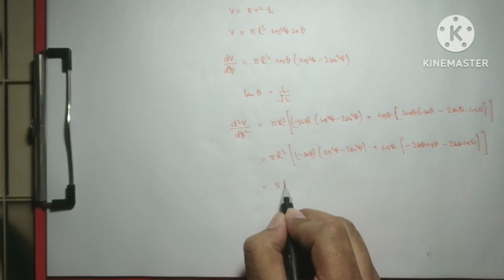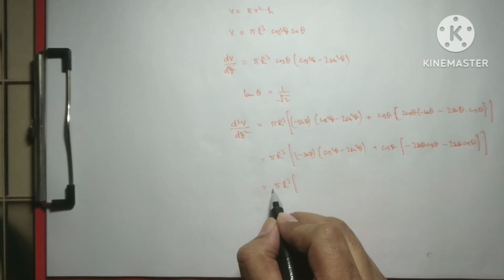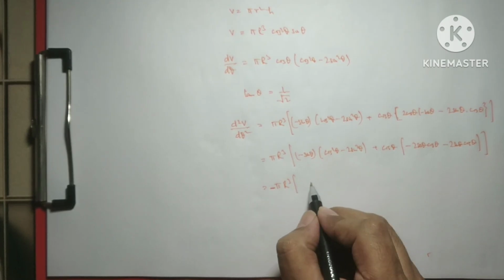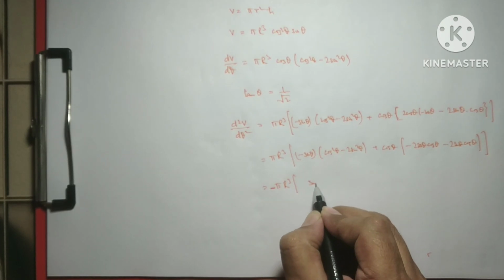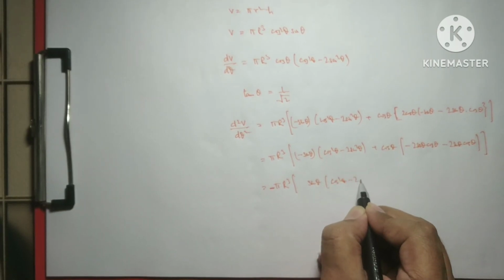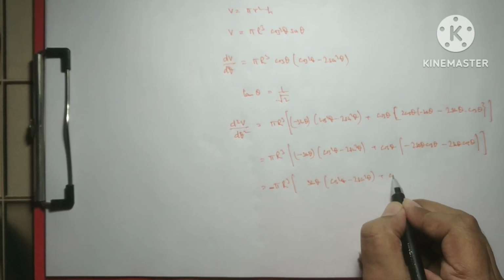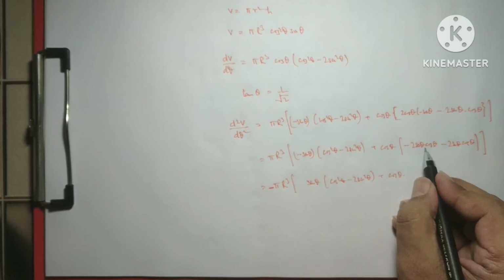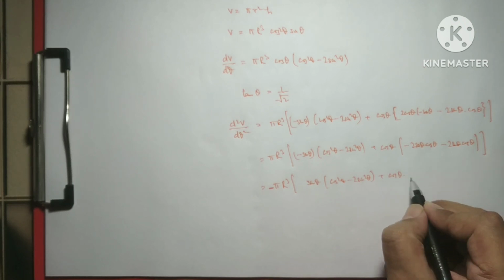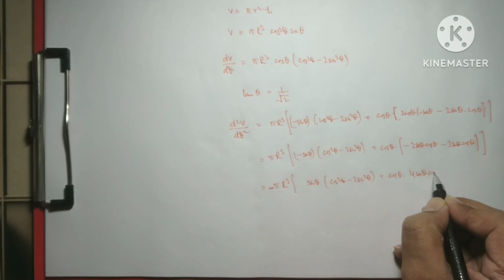Taking minus as common, it is pi r cube, sin theta into cos square theta minus 2 sin square theta plus cos theta into 4 sin theta cos theta.